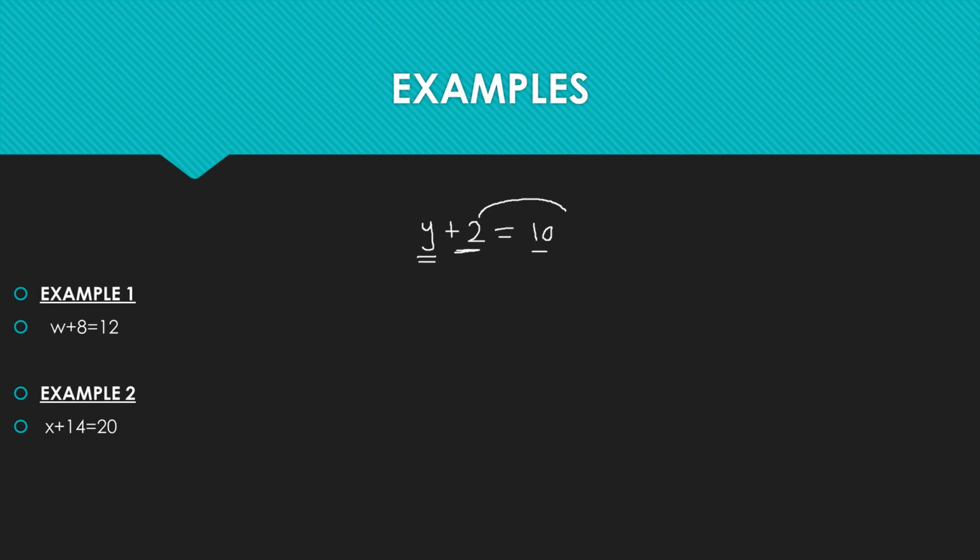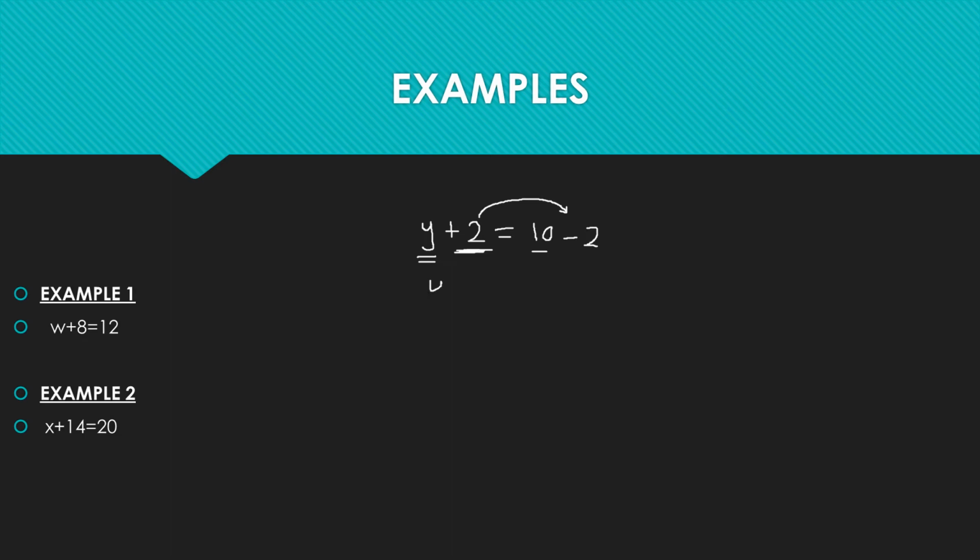When it crosses to the other side of the equal sign, previously I said that if a number had a plus and it crosses the equal sign, it's going to change to minus. So since that one is plus 2, when it comes to the other side of the equal sign, it's going to be minus 2.